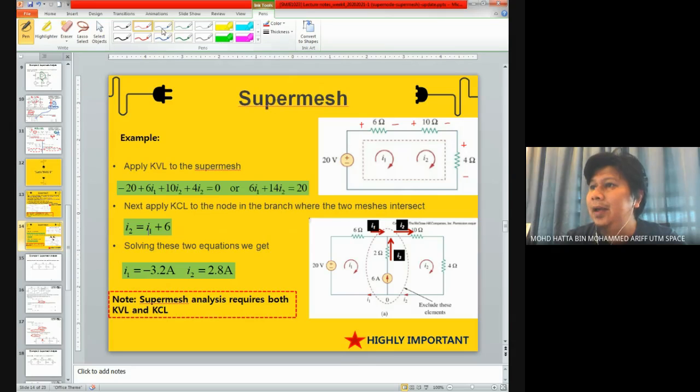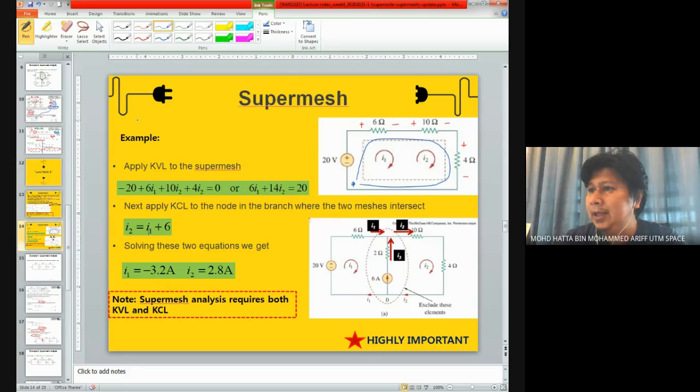And if I start my loop from here, go around the Supermesh and return back to the original place where I start, I will have a Kirchhoff voltage law equation as -20 plus voltage across here plus voltage across here plus voltage across here equals 0.